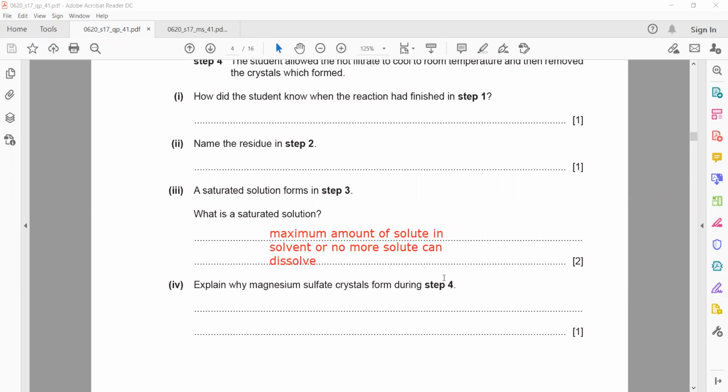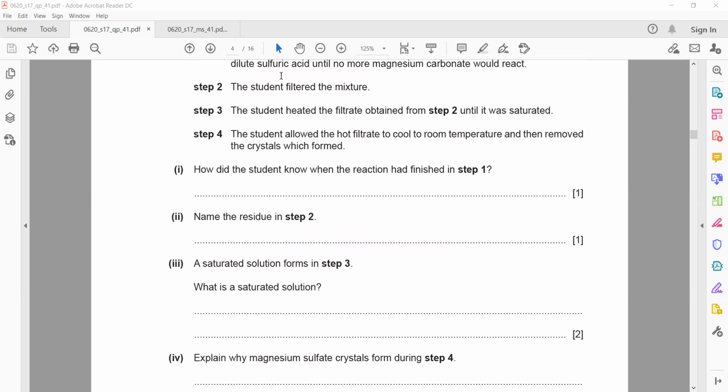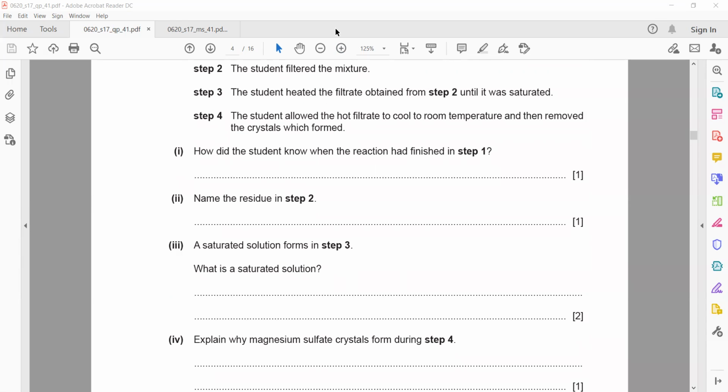Why do magnesium sulfate crystals form during step 4? Crystallization, but why? Because we cool down. When you cool down the mixture, the solubility decreases. Solubility means the amount of solid dissolved in the water.